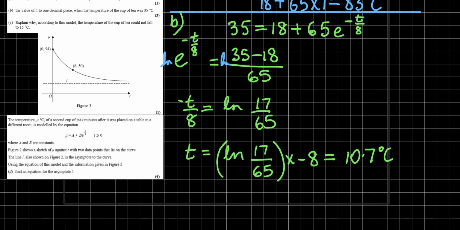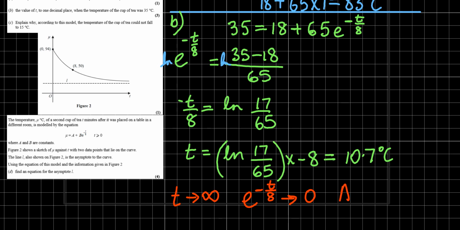So we're going to have, let's say, as t goes to infinity, so lots and lots of hours later, what is going to happen is that e^(-t/8) goes to 0. And that means our equation would then look like this.